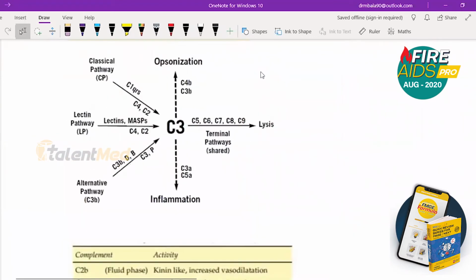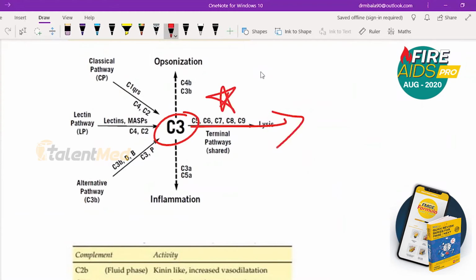If you see, the central role is going to be C3, because the most important thing in attacking is tagging. If you don't tag something, you cannot attack it. So C3 plays a major role here. This C3 can further form a MAC, membrane attack complex, and destroy the cell, that is lysis.